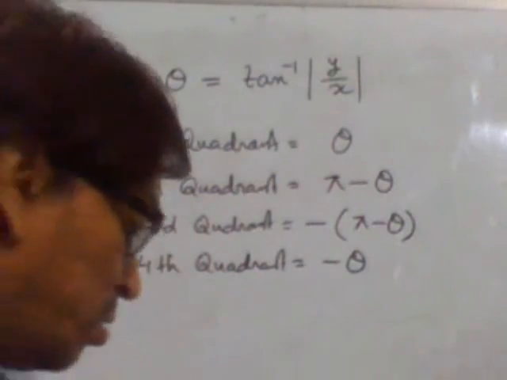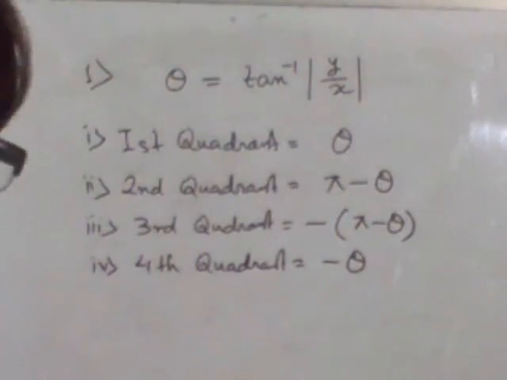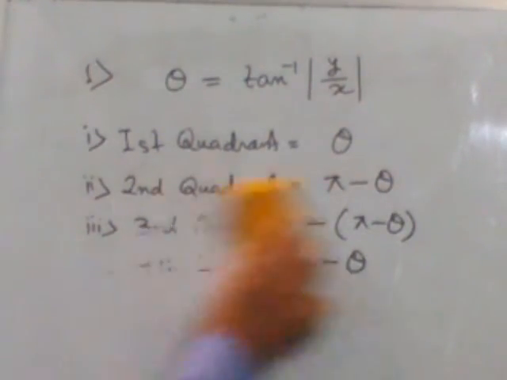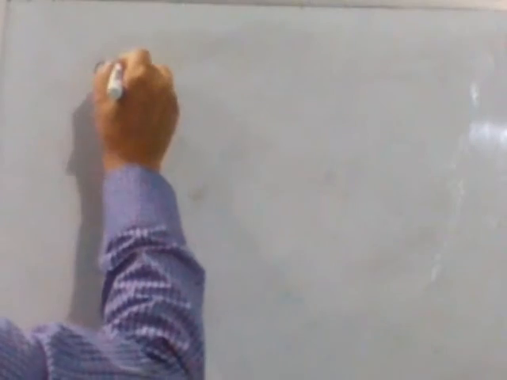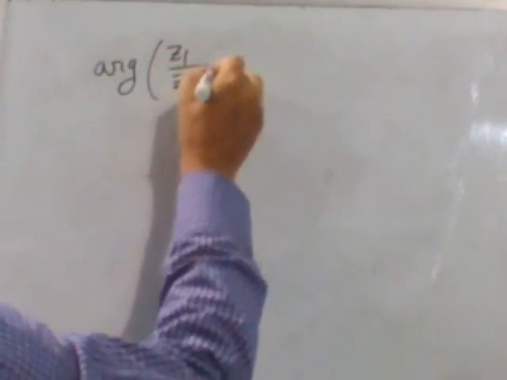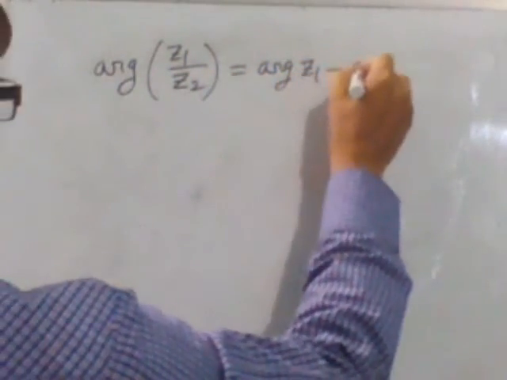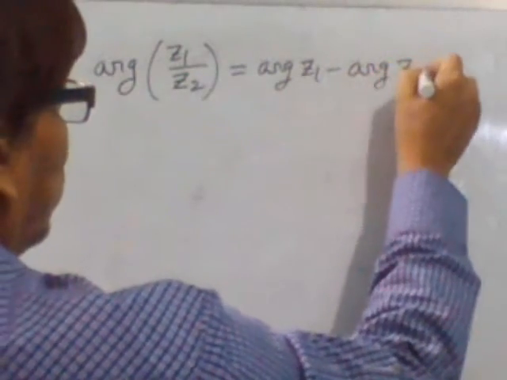Now some properties of argument are like this. These are very important, so you must note down this thing. Stop the video and note it down. Property number 1: argument of z1 by z2 can be written as argument z1 minus argument z2.